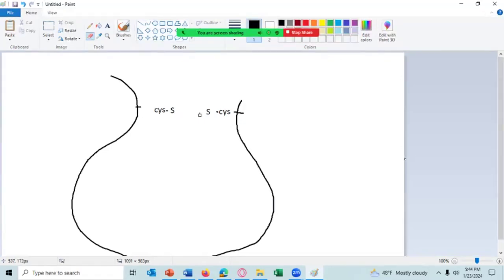And then the sulfur can form a covalent chemical bond between the two sulfurs of the cysteines. This we call a disulfide bond because there's two sulfurs.